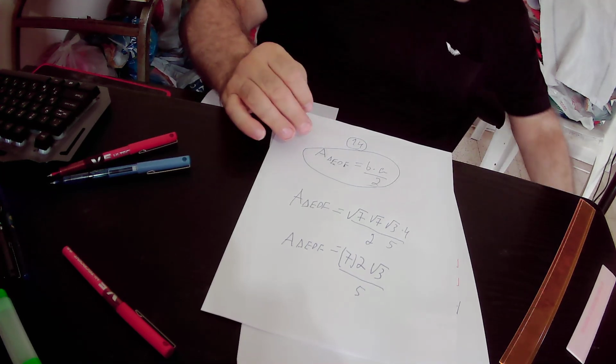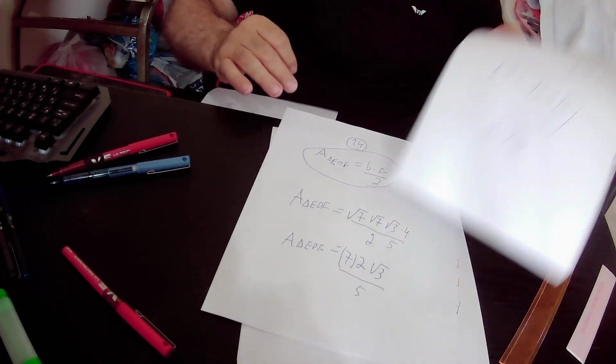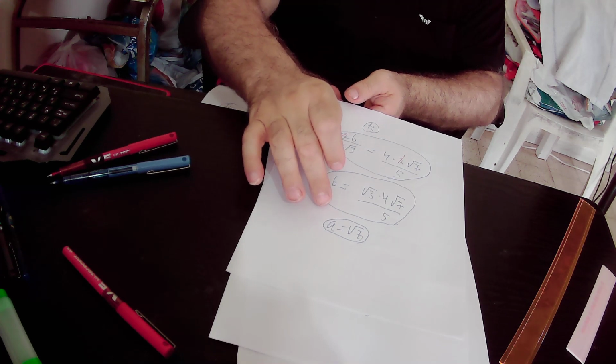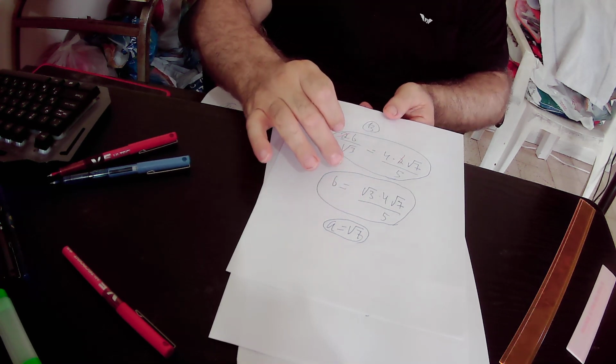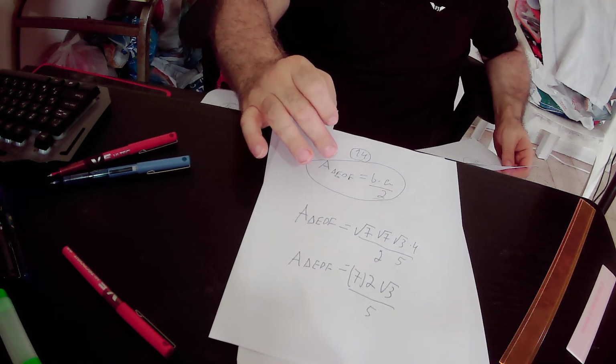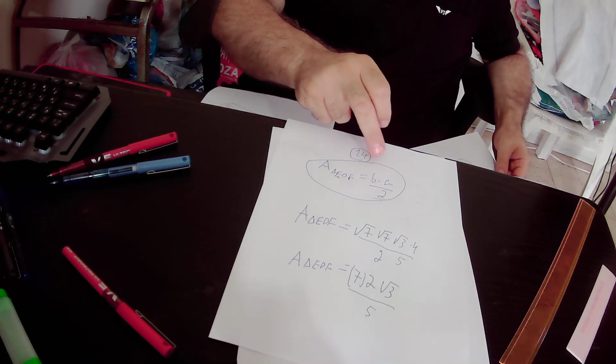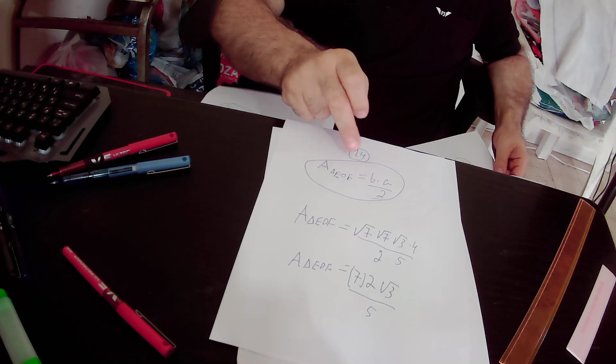We have already found the value of B, and we have already found the value of A. So the only thing that we need to do is to put the values of A and B in this formula.